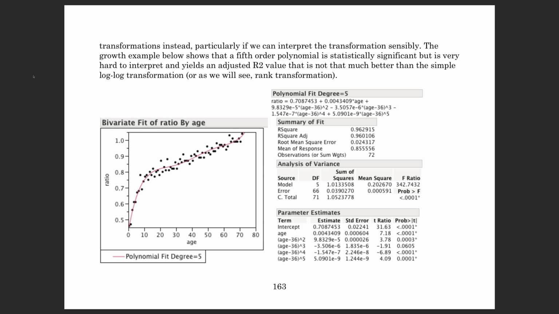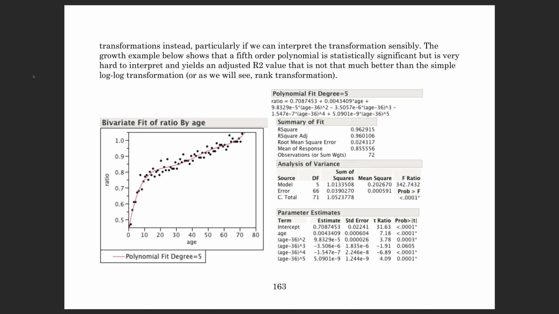So this is slightly better than I got from the simple log-log transformation, but it's very hard to explain. How can I explain to a pediatrician, this is what's going on, this is my explanation of how the ratio changes with age? Polynomials are sometimes useful in the sense that all I want to do is fit a smooth curve through my data points, and I'm not particularly interested in interpreting that model as something meaningful.